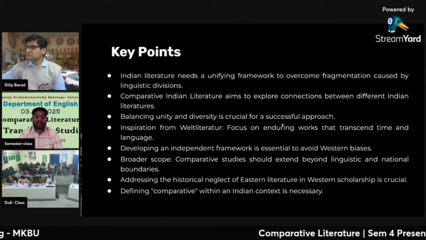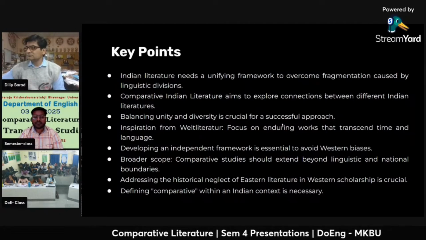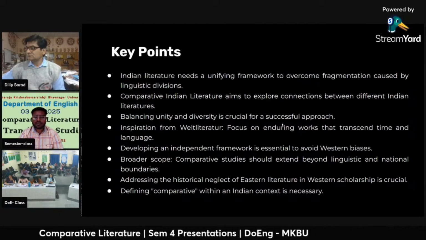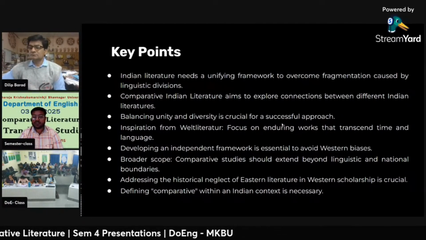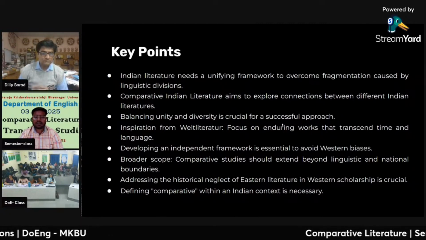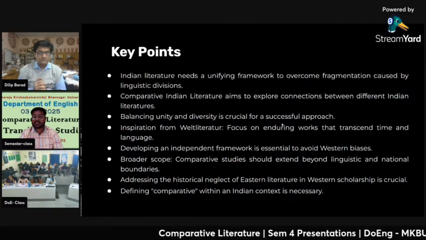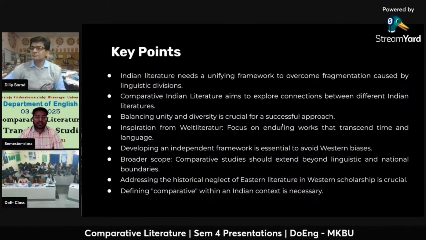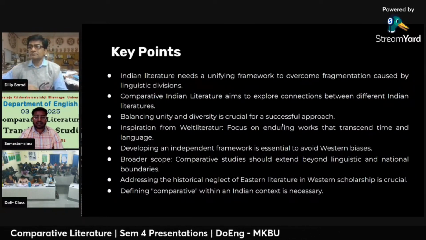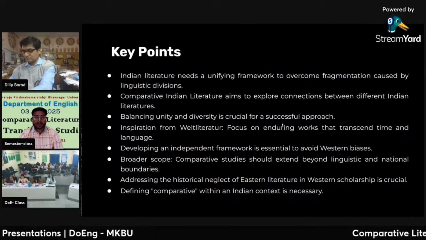Developing an independent framework is essential to avoid Western biases, and a broader scope for comparative studies should extend beyond linguistic and national boundaries. Then he addresses the historical neglect of Eastern literature in Western scholarship. Thus, defining comparative within an Indian context is also necessary.